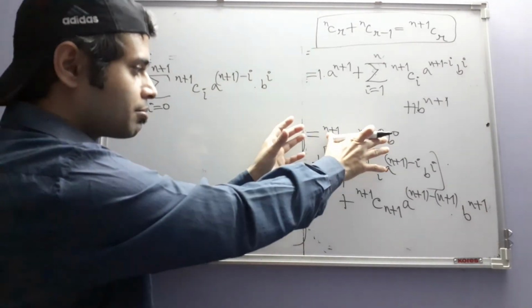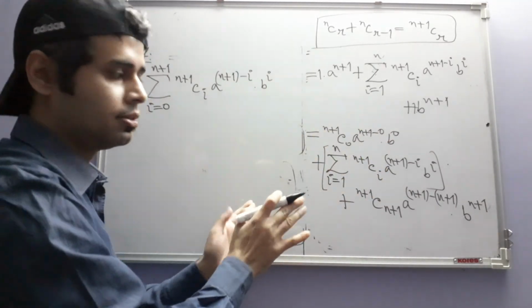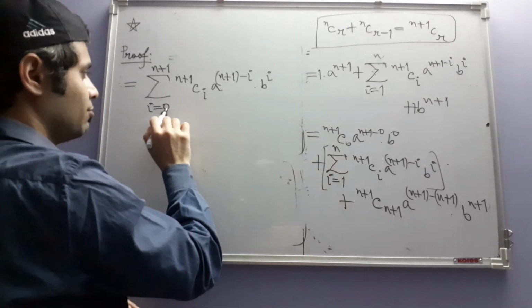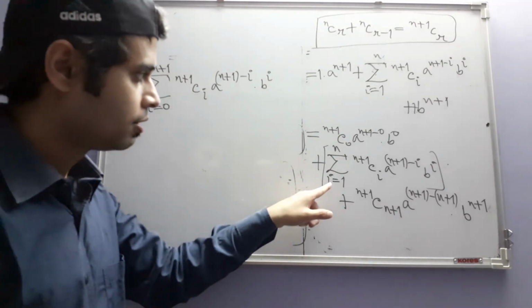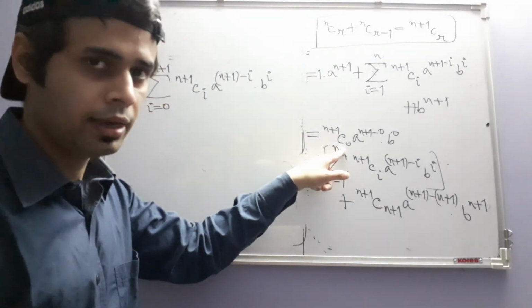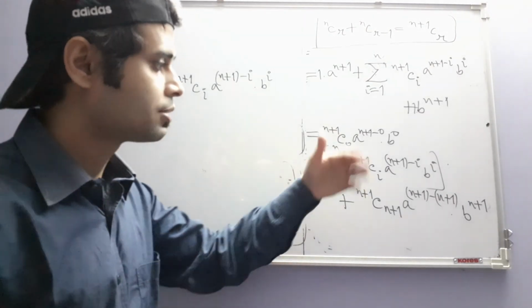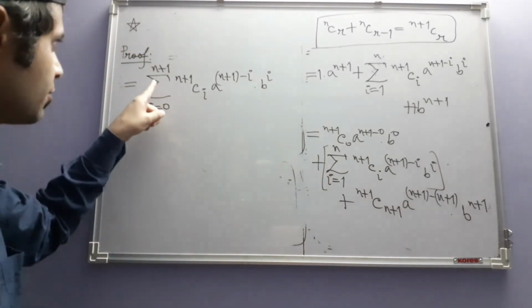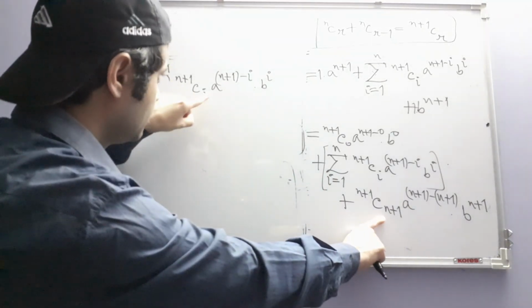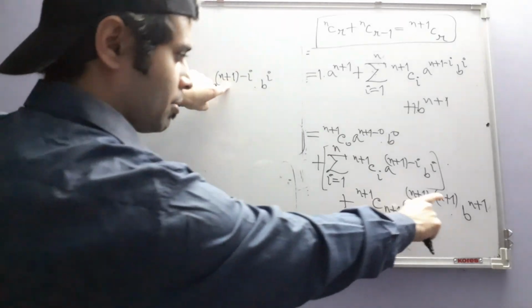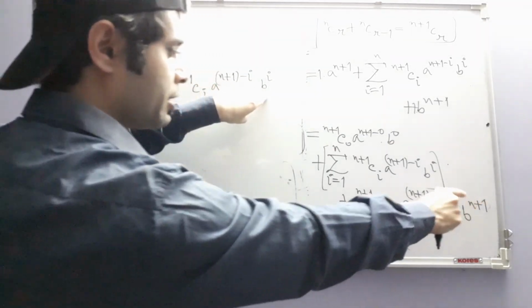So this term can be taken inside the summation by changing the index to vary not from 1 but from 0. And also, instead of making it go till n, I make it go one step more, n plus 1. If I put n plus 1 in place of i, I get (n+1)C(n+1) times a to the power n plus 1 minus (n+1) times b to the power n plus 1.